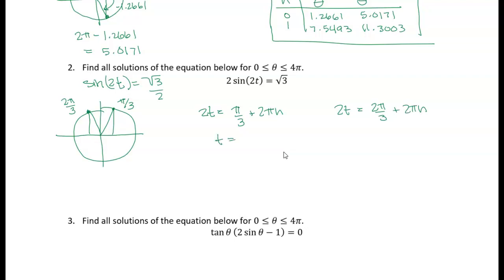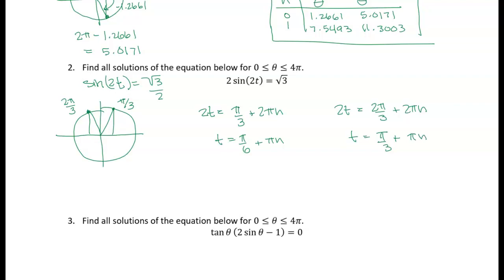You get t equals pi over 6 plus pi n. And if we divide this one by 2, we get t equals 2 pi over 6, which is pi over 3. Let's write it as pi over 3, plus pi n, dividing both sides by 2.